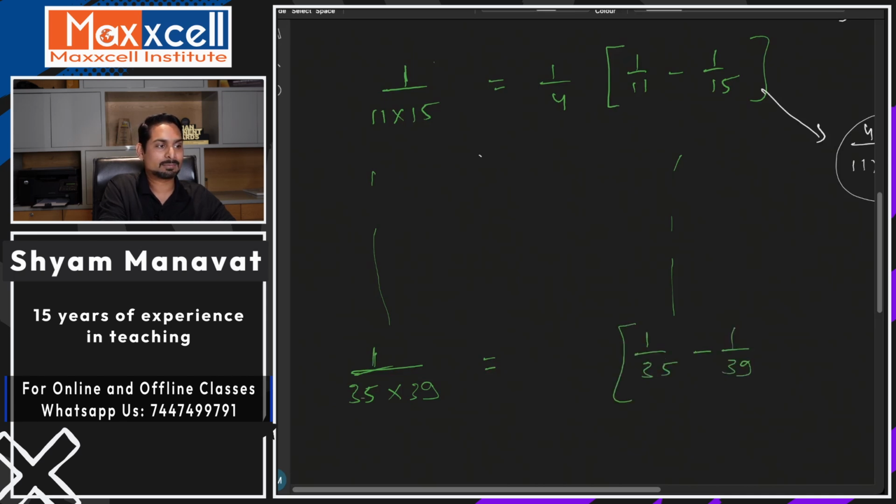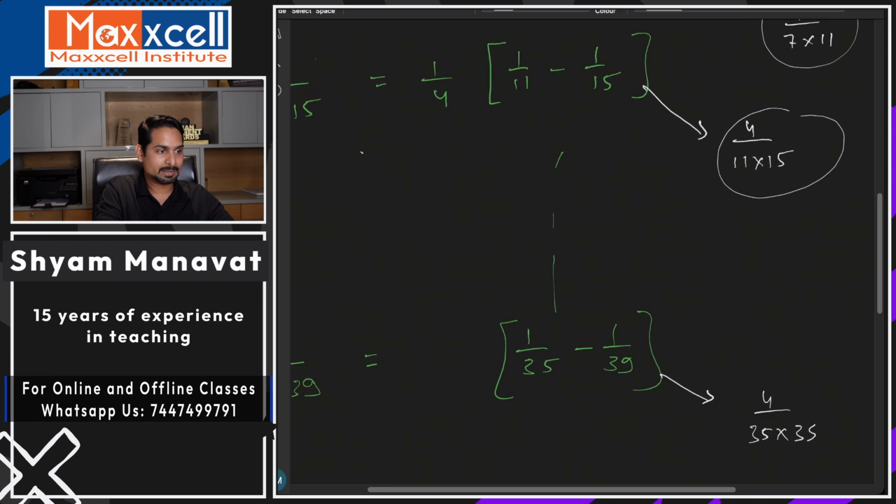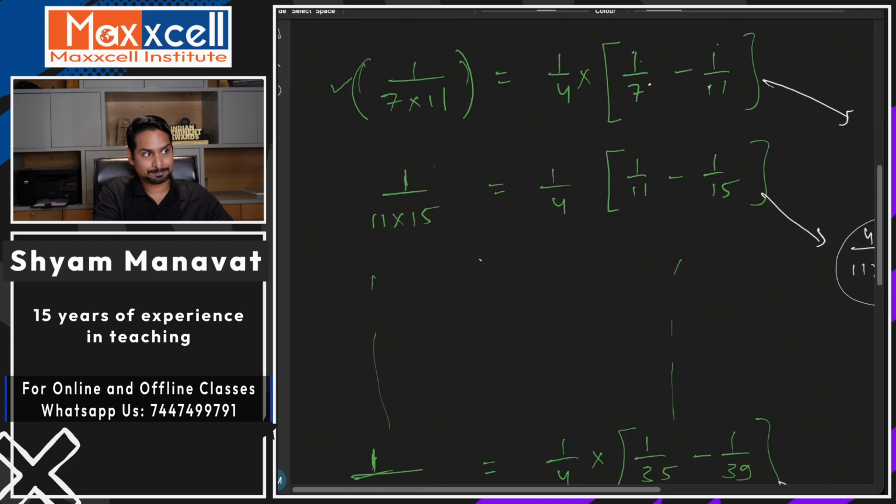But because in the question the numerator is 1, you are supposed to make it equal. When you simplify this, you will actually get 4 upon 35 into 39, right? Just to make them equal, we multiply by 1 upon 4 so that the numerator 4 can be cancelled. Are you okay with this? Okay, this is partial fraction.